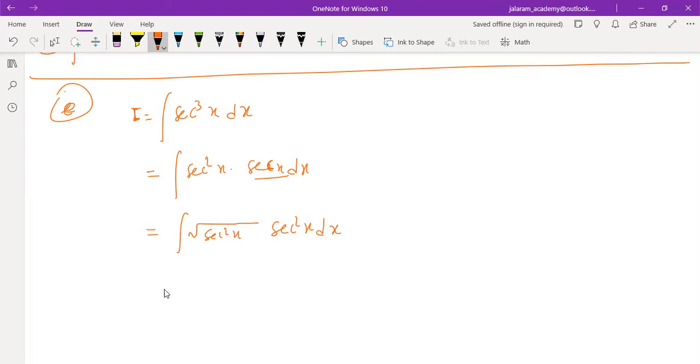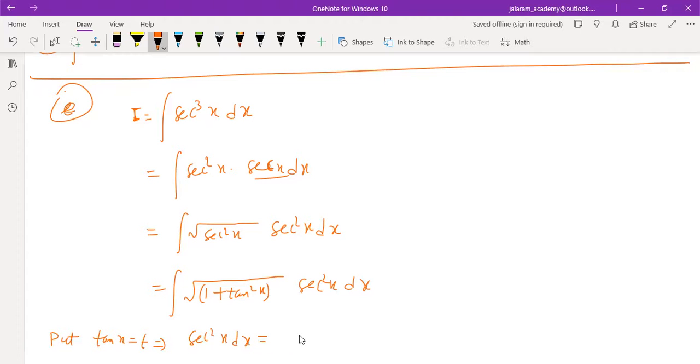The only purpose now is to bring tan x. So we write sec x as under root sec square x, and this under root sec square x can be written as under root 1 plus tan square x, into sec square x dx. So if we now put tan x equals t and differentiate both sides, sec square x dx equals dt. So sec square x dx will be replaced by dt.